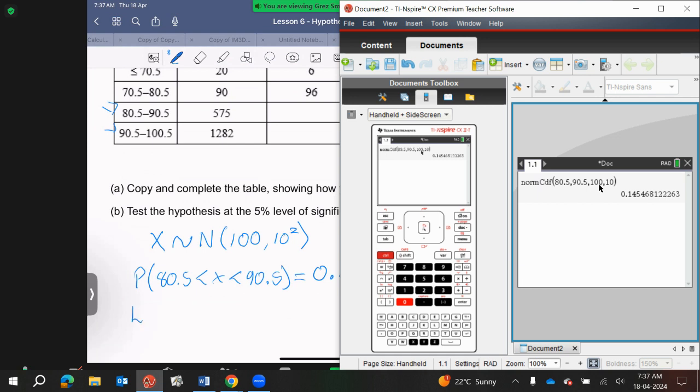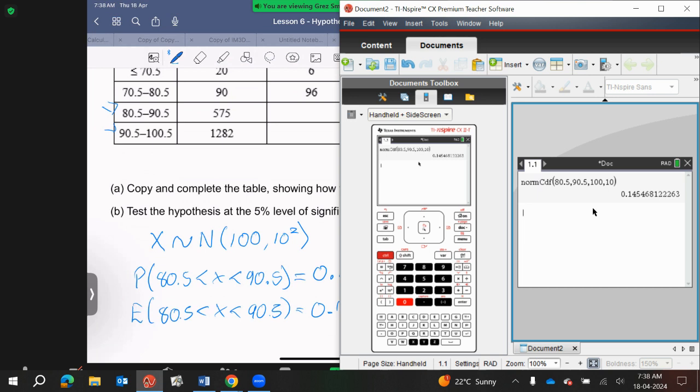We need to find the expectation that a student selected at random will be in this interval. So we take this probability, the exact value, and multiply it by 4,000, because there's 4,000 students. So it's about 15% likelihood that a student picked at random is in this interval.